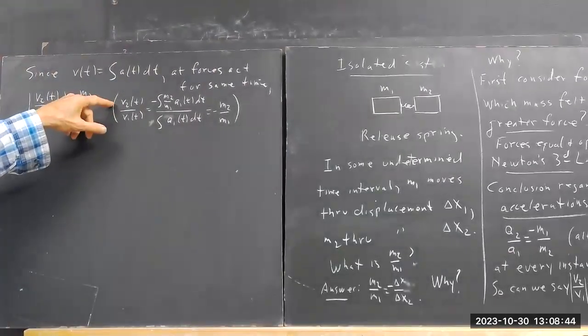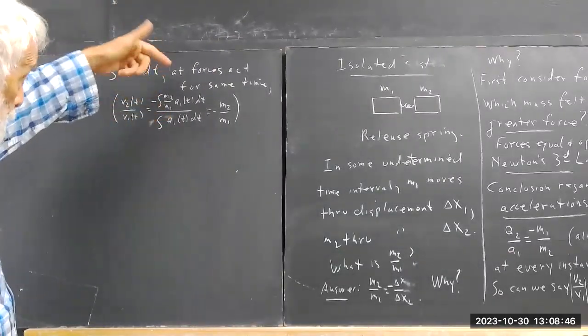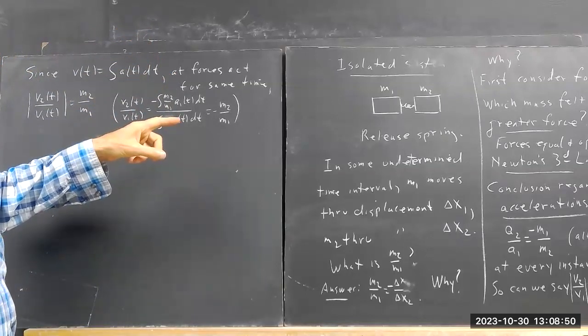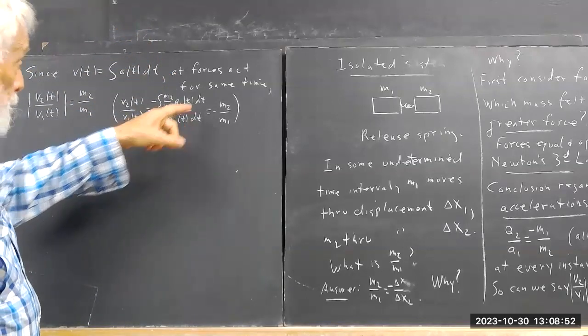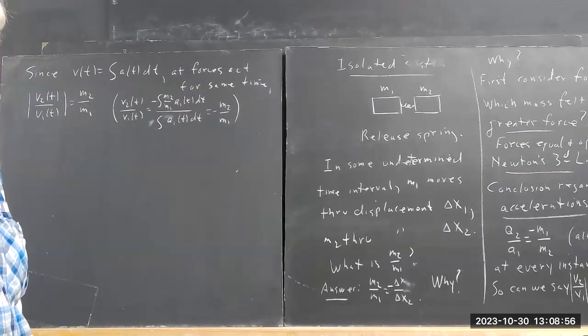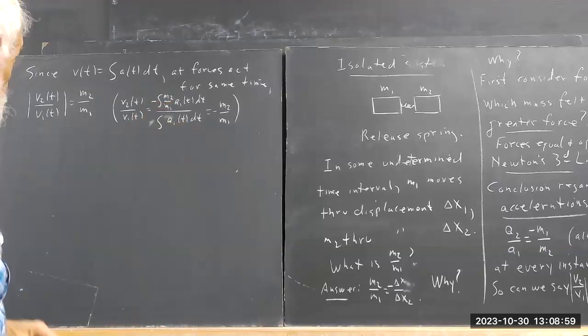So if I'm finding A2 of T, I've got to integrate A2 of T. I haven't written that out explicitly, but it should be obvious. In integrating A2 of T dt, I'm integrating negative M1 over M2 times A1 dt. So it all works.